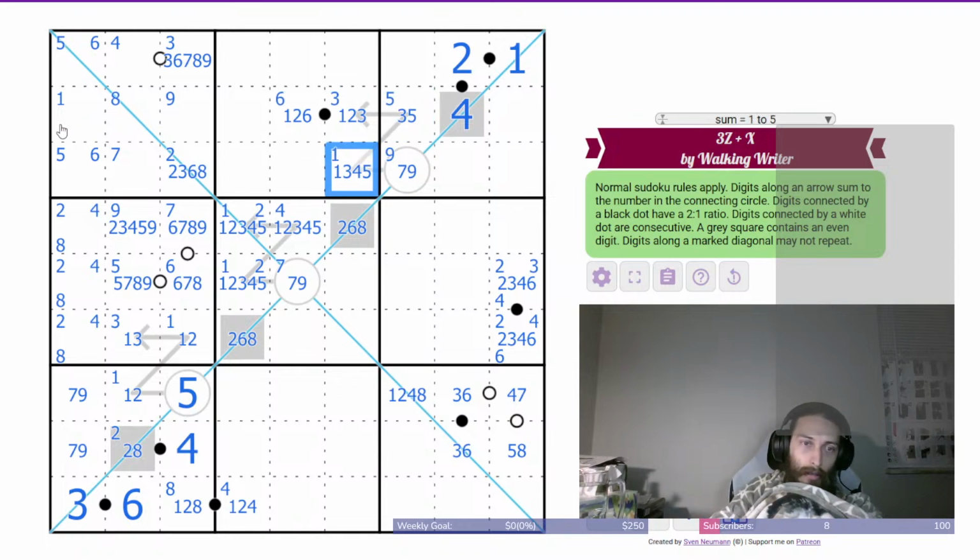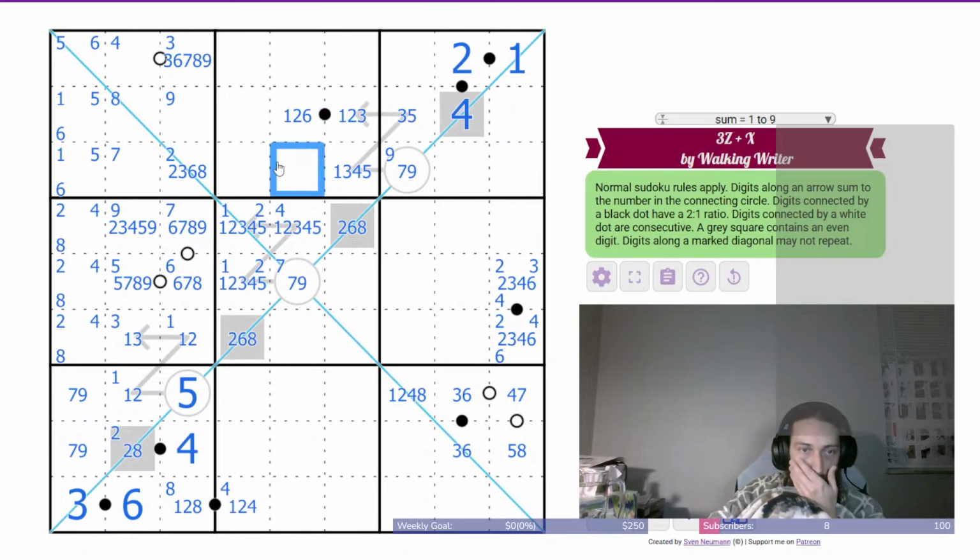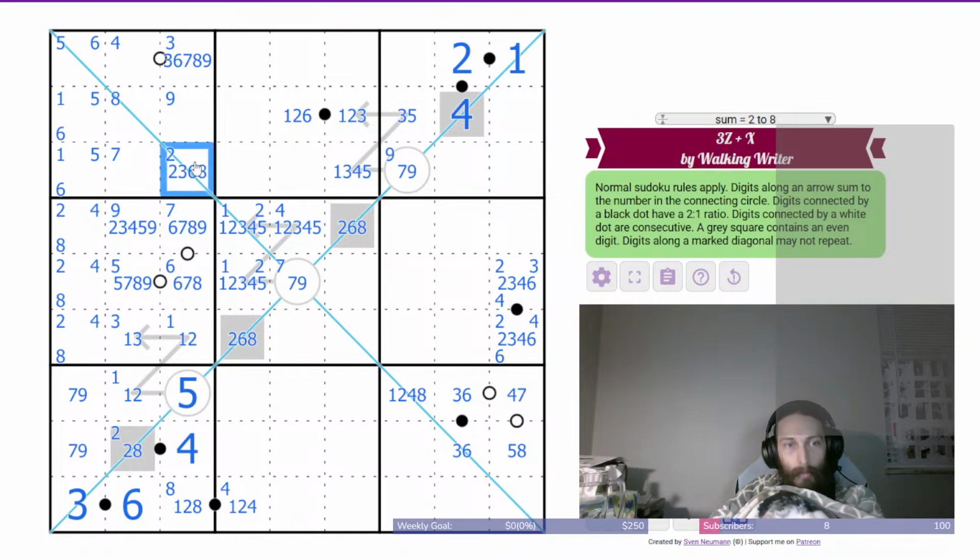Although I guess the 1 here, this would be 1, 5, 6. But this would be a 2, so that wouldn't be a 2.